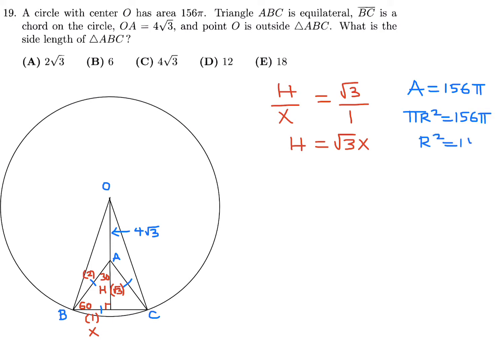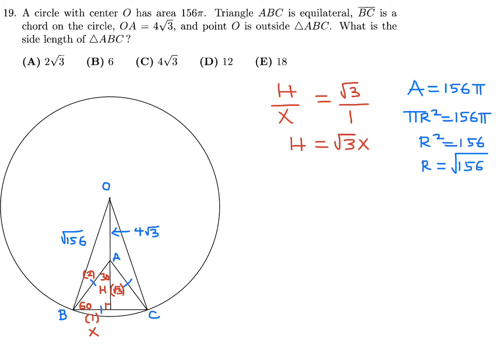So r squared is 156, and therefore r is the root of 156, like that. So where do we go from here? Well, I think now this represents the radius, right? OB. So I'll just write that in, root 156. And then we can just use Pythagoras, I guess, on this triangle right here.